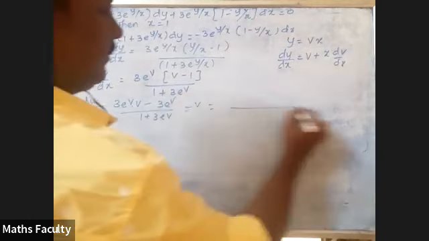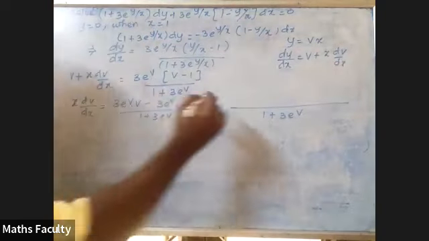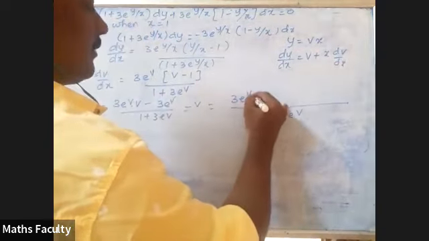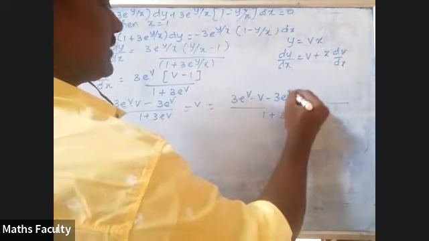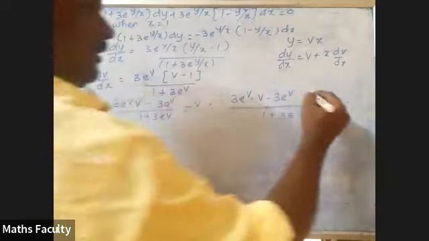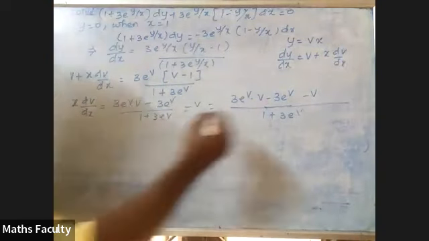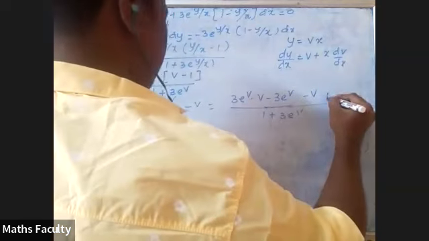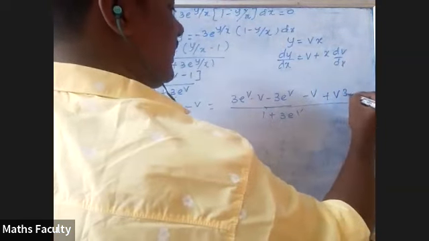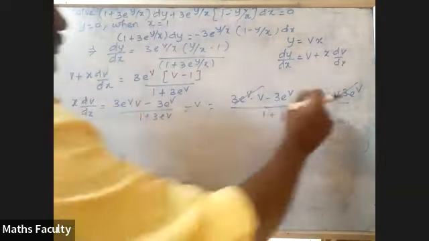Now you take the LCM. Your LCM is 1 plus 3 e power v. Cross multiplying, we get minus v into 3 e power v, and this cancels out.